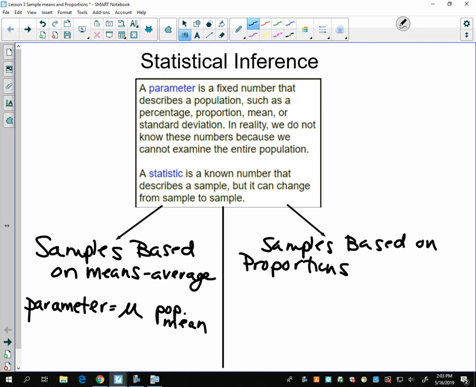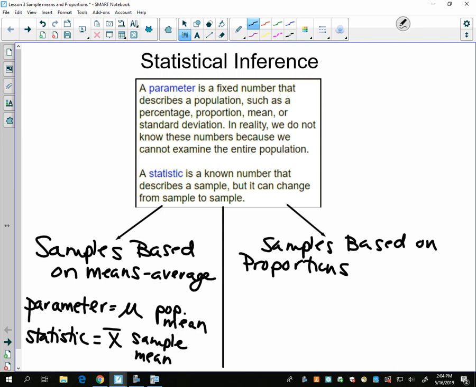So what do we do? We draw a sample from the population, and we try to make conclusions based on that sample. So the sample mean is known as the statistic. And that, as we have seen already, is called x bar, the sample mean. Okay?